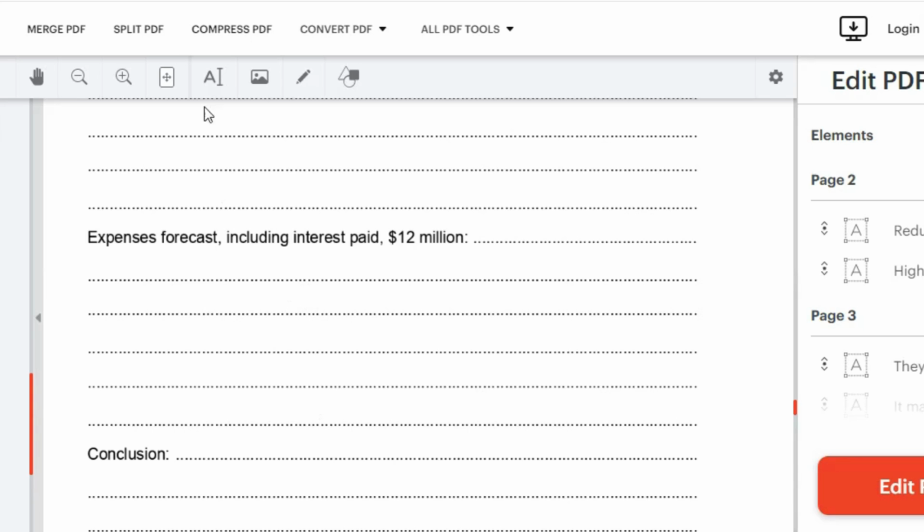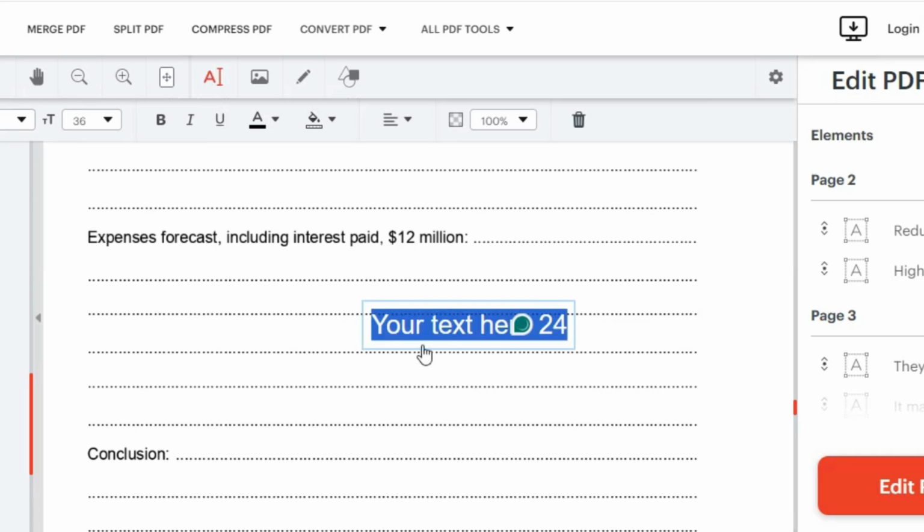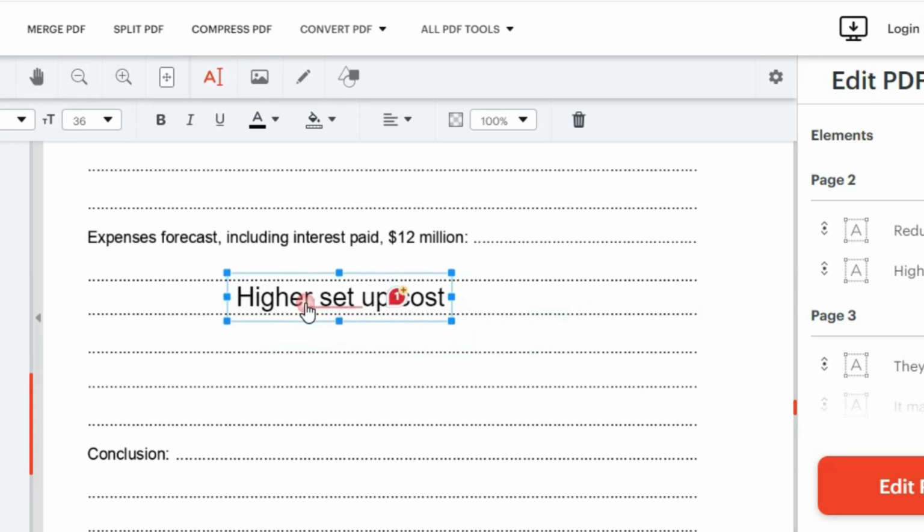And also higher set up costs may also raise the expenses above 12 million. Higher setup cost may also increase the expenses above 12 million in the first year after the factory has been built.